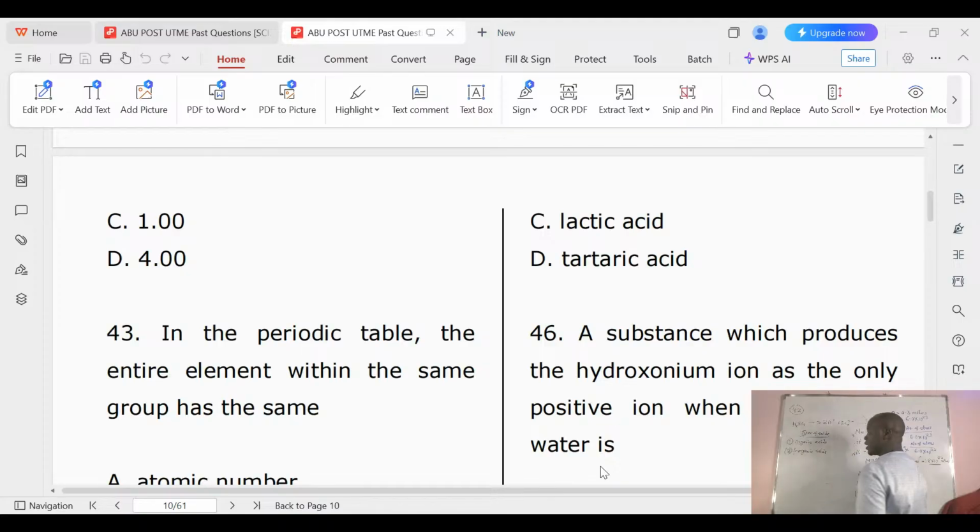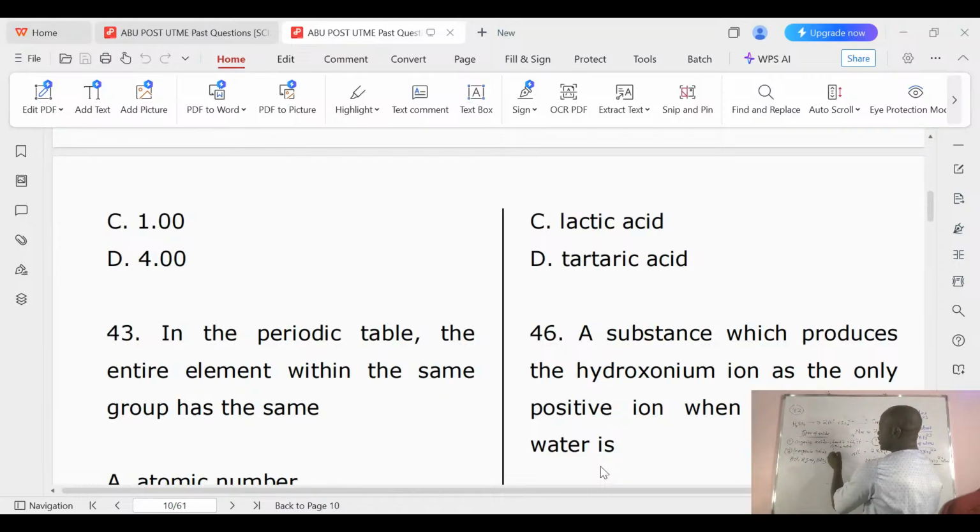Examples of inorganic acids are HCl, H2SO4, and HNO3. Examples of organic acids are lactic acid, citric acid, and ethanoic acid.